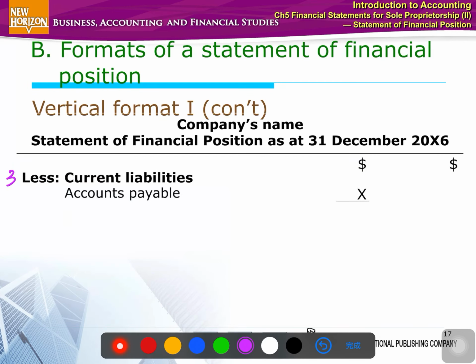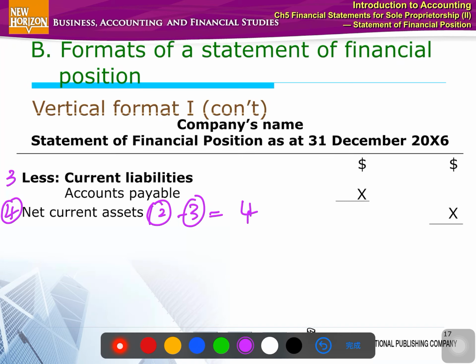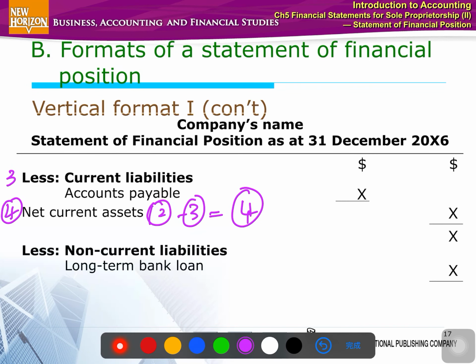And then third, we less current liabilities in order to get net current assets. So net current assets is 2 minus 3 equals 4. And finally, we less non-current liabilities.